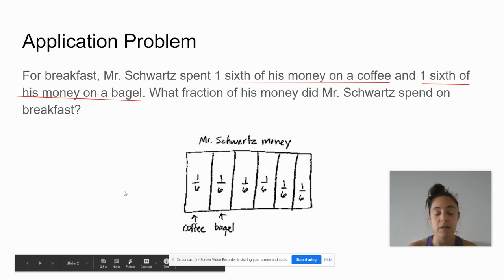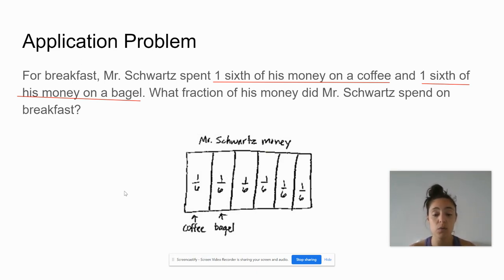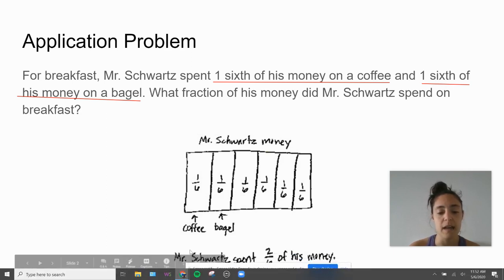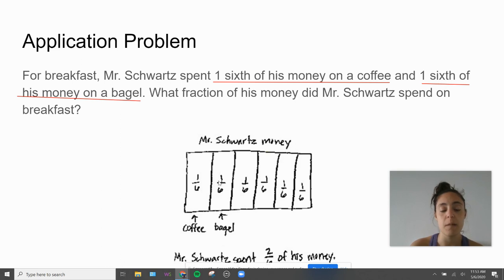So now I need to find out the total number of 6s that he spent. So I can just count them up. I have 1/6 plus 1/6, and we know that Mr. Schwartz spent 2/6 of his money. So if I add these two up, I know that 1/6 plus 1/6 is 2 out of the whole.